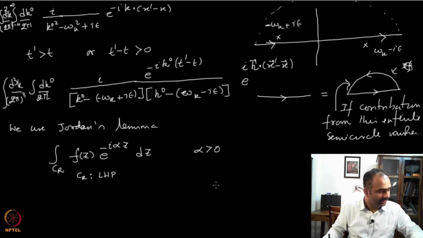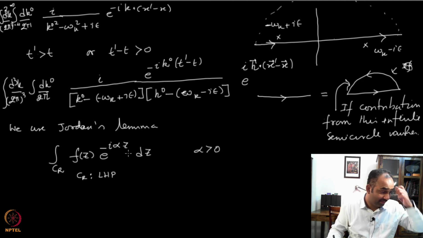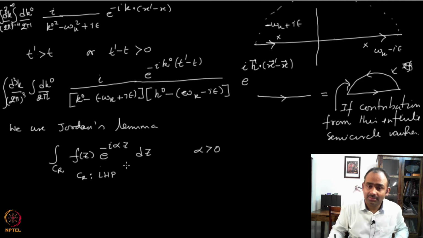Then if the function f of z vanishes fast enough, like 1 over mod of z, then this integral gives you 0.